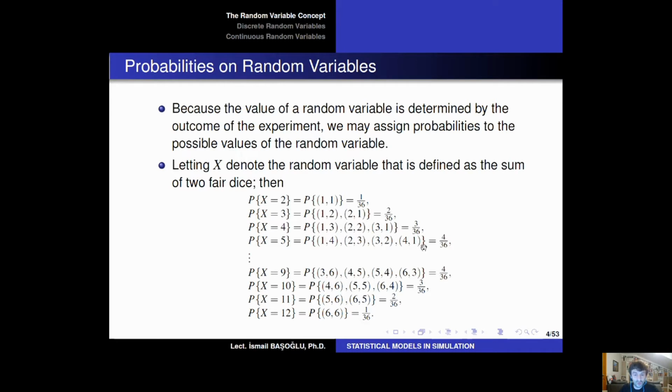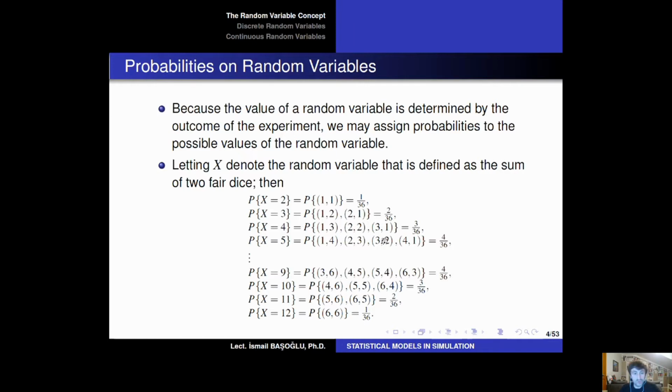So either one of these four outcomes has the chance of 4/36 because there are 36 equally likely outcomes in this random experiment, and four of them correspond to the random variable x being equal to 5. So on and so forth, we can define the probabilities on random variables by calculating the probabilities of the underlying event. So x being equal to 4 is represented by an underlying event defined on the underlying sample space.